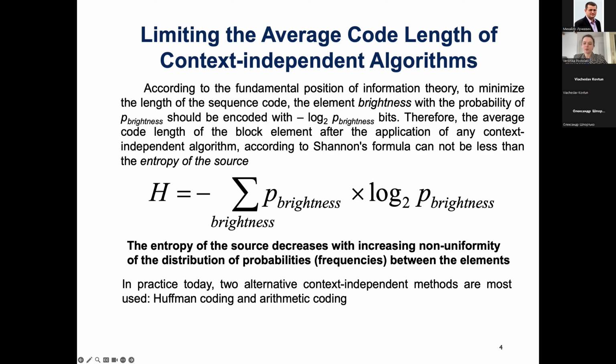In practice today, two alternative context-independent methods are most often used, Huffman coding and arithmetic coding. Huffman coding matches each element with its fixed prefix code. Arithmetic compression, in contrast to Huffman coding, matches each successive element with an interval with a length proportional to its probability.